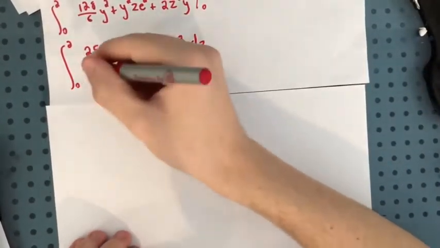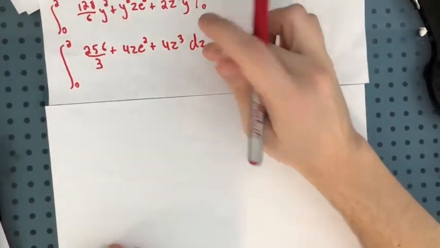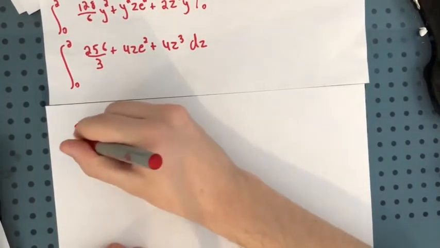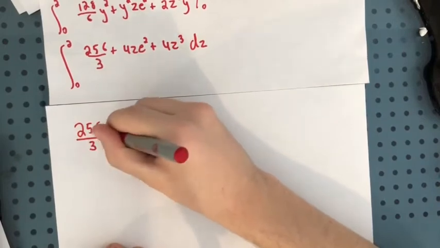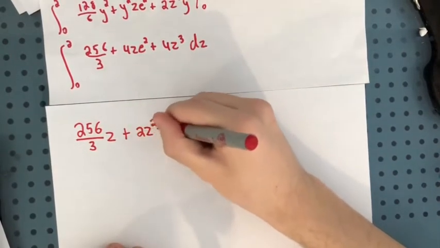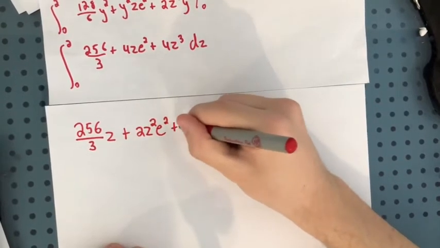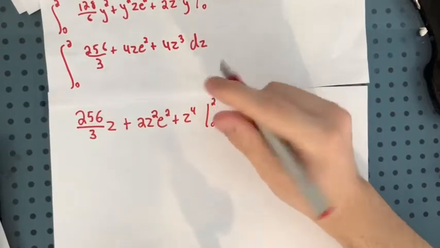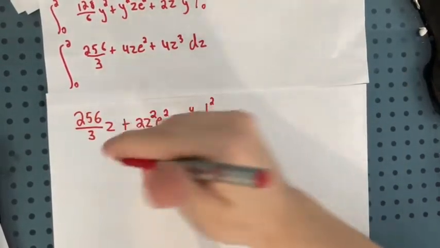So now we bring this down. Now we just have the antiderivative of this with respect to z, which will give us 256 over 3 multiplied by z plus 2z squared e to the 2 plus z to the 4th. Then plug in 2 and 0 again. There's a z in each one, so we don't have to do 0.